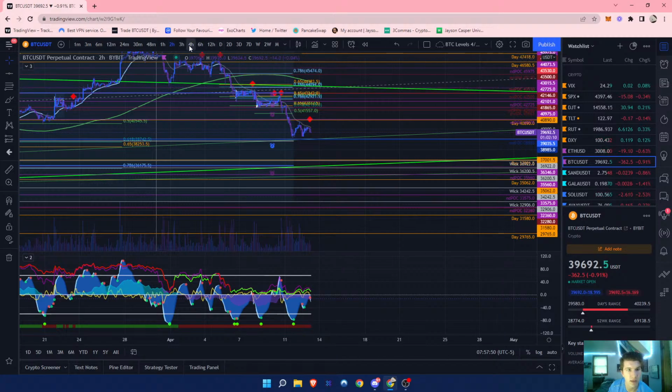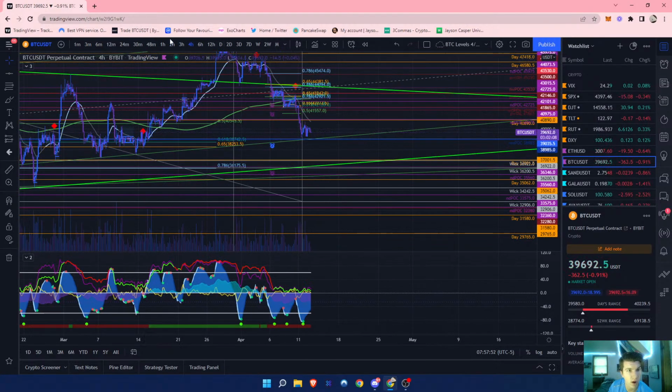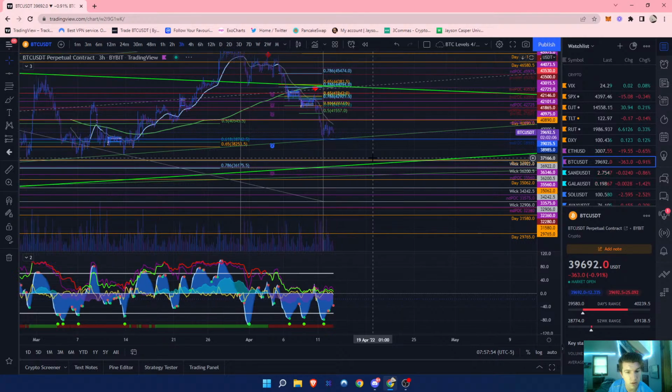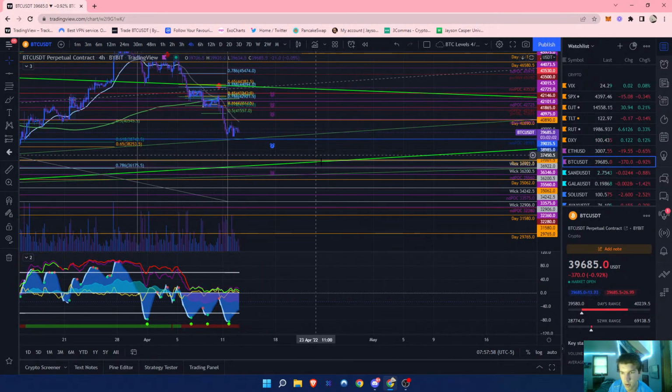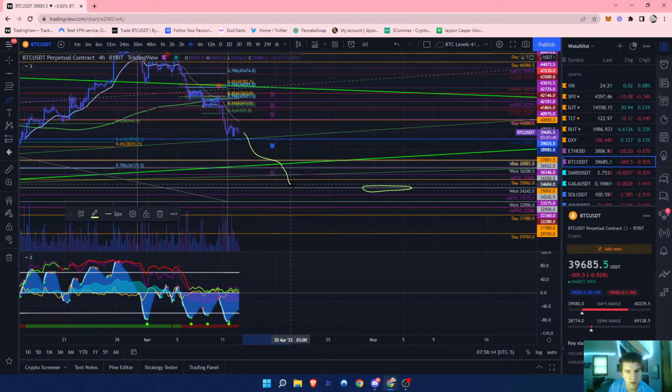And then this would probably be a 3 to 4 hour swing trade I like to see. Probably a 4 hour swing trade. So again, I'm looking at this 34K level as it could be a possible swing failure pattern too, where we come down, consolidate down, and then we pump back up.